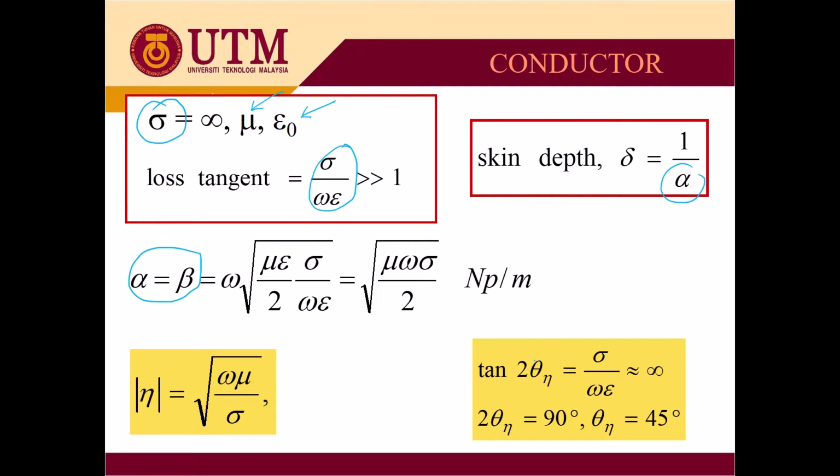And the tangent of 2 theta n equals sigma divided by omega epsilon, approaching infinity. When the tangent of 2 theta n approaches infinity, that means 2 theta n equals 90 degrees, or theta n equals 45 degrees. This is characteristic for conductors.